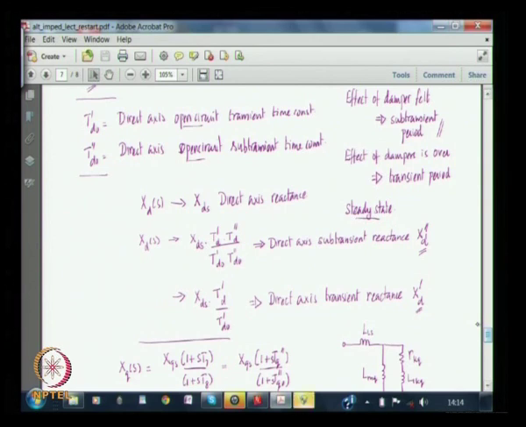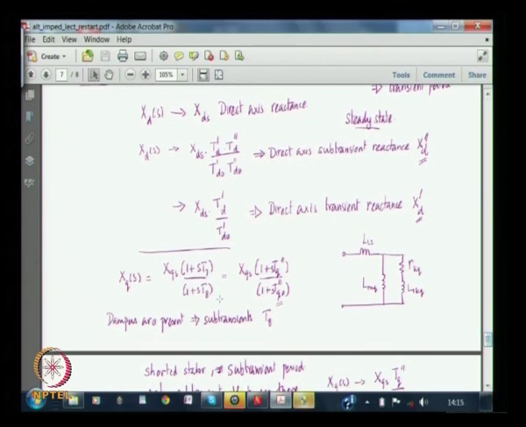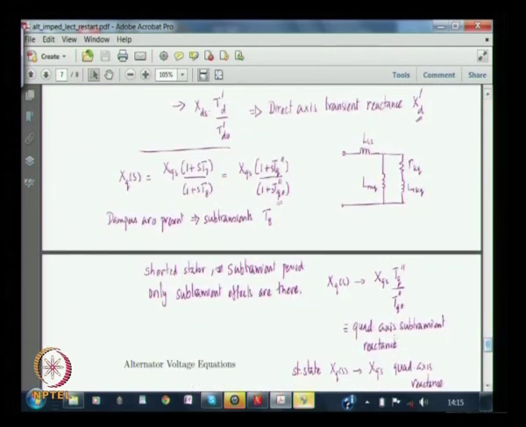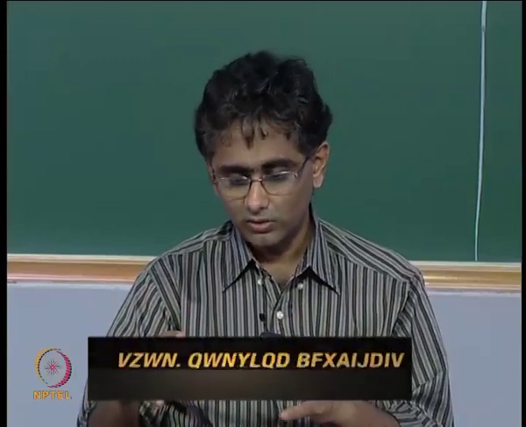When the dampers are neglected what we have is the direct axis transient reactance xd prime, and similarly on the q axis you have xq double prime, the quadrature axis subtransient reactance, which is xq multiplied by tq double dash by tqo double dash.